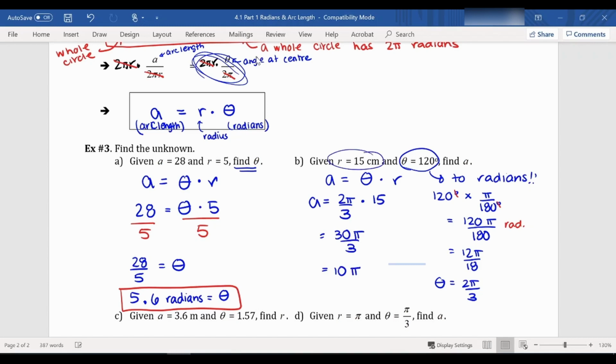If our R is in centimeters, our circumference would be in centimeters, which means our portion of our circumference, that arc length, would be in centimeters. We usually just leave the pi there. Technically, you could multiply 10 by pi and find out a number with decimals, but usually it's considered a neater answer to leave the pi in our answer.